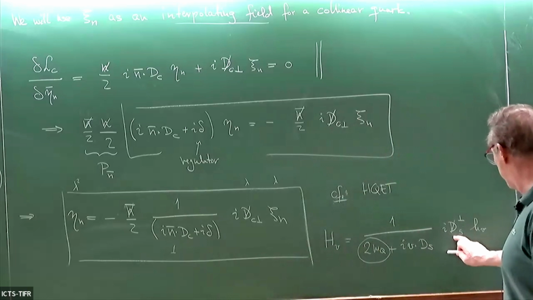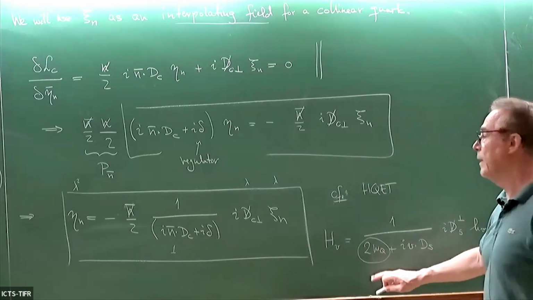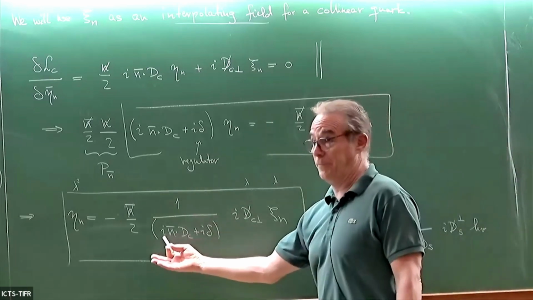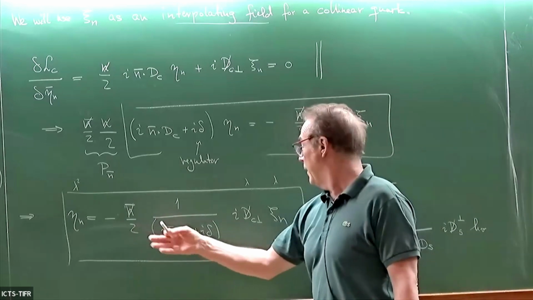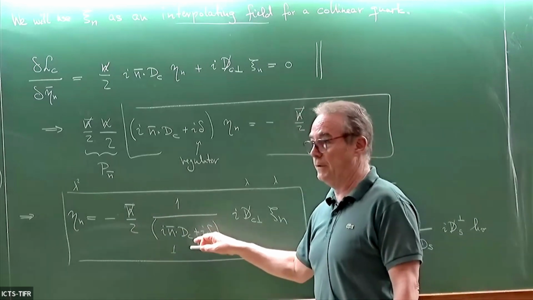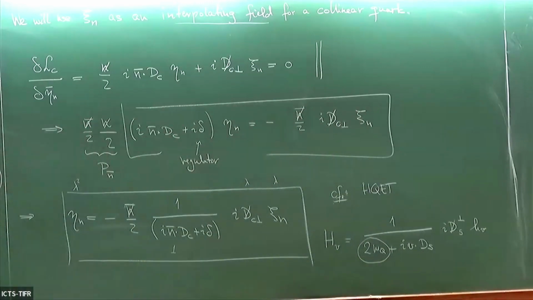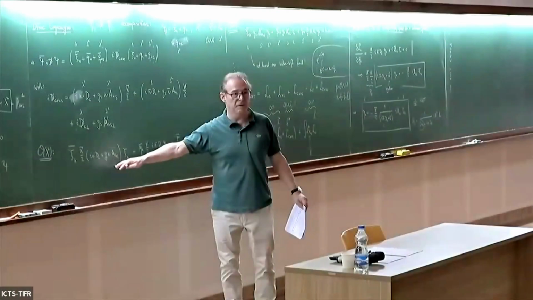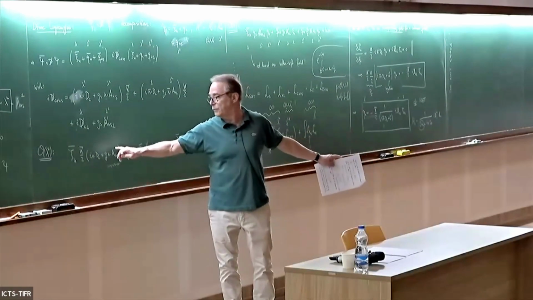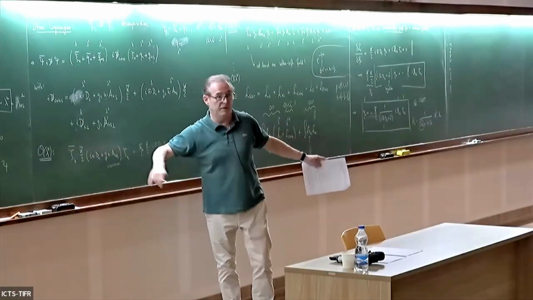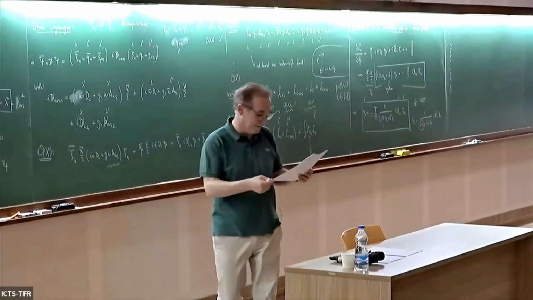Similar to here. This is order lambda, this is order 1. But the order 1 here is a momentum. It's not a mass. Plus, there is no small correction here. The small correction, if you like, is the ultrasoft field. If I would keep it, I would get the ultrasoft field there, which would be power suppressed compared to that. And that's the reason why I have expanded it out.